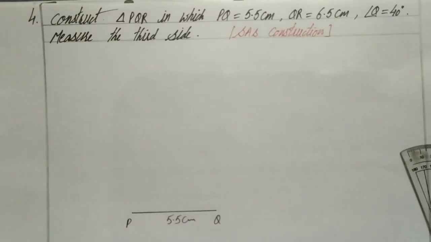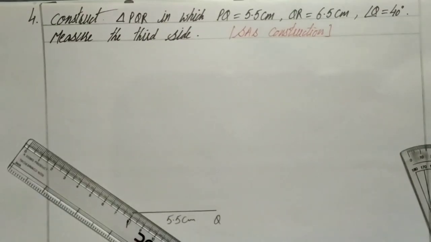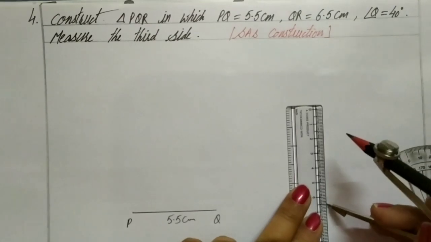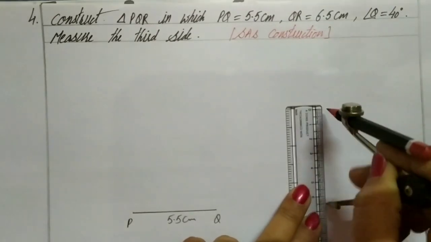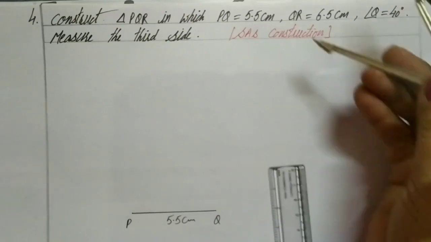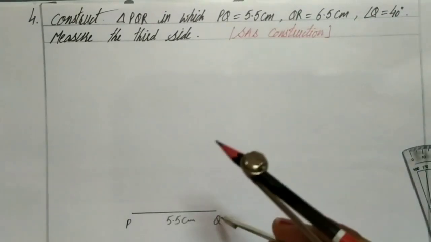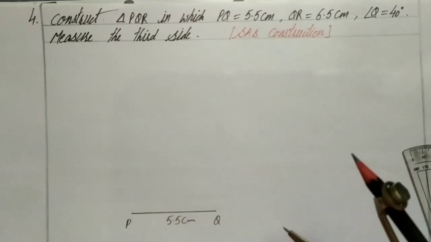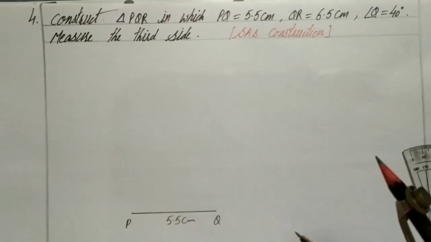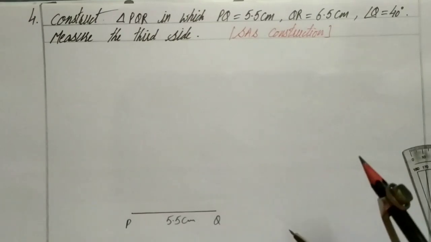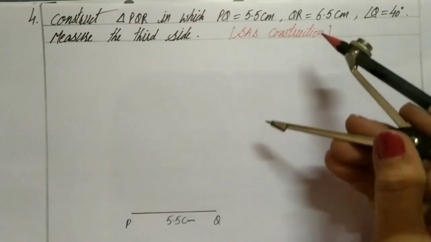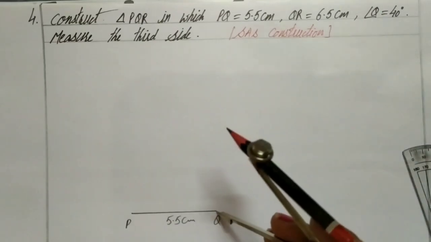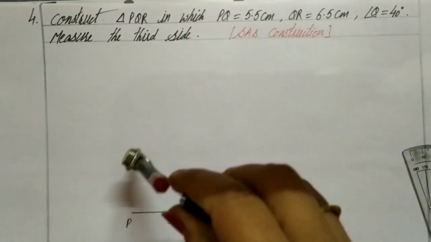After that you have to open your compass 6.5 centimeter, then taking Q as center you have to mark a convenient arc. It's okay. In the previous question first of all we constructed the angle. It's up to you. You can mark the arc first for the second side, or you can draw the angle as well. So here it's QR 6.5.